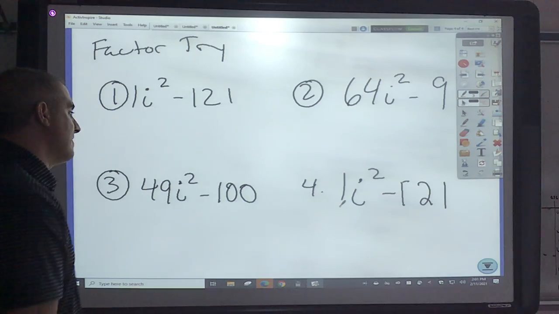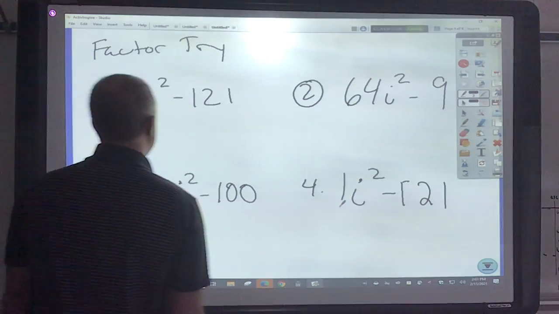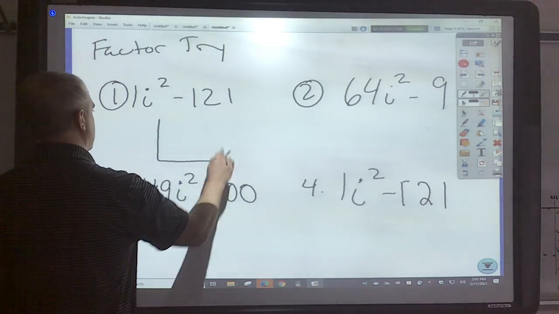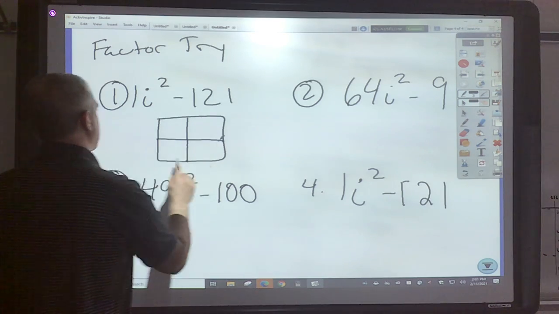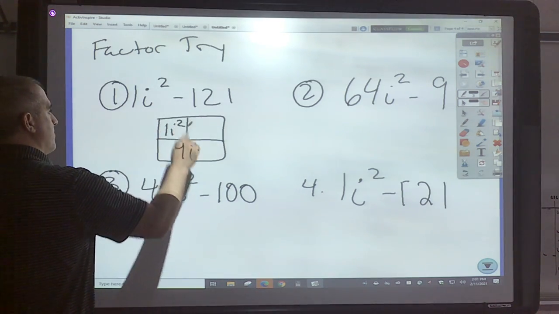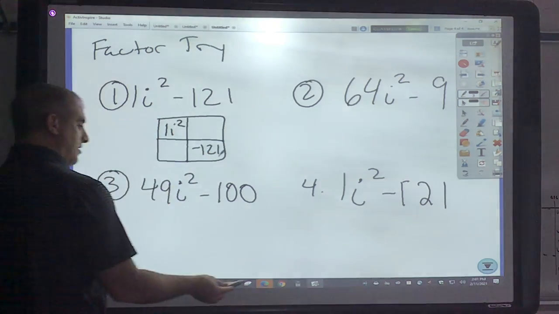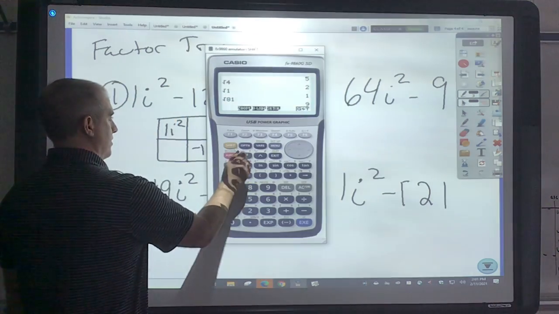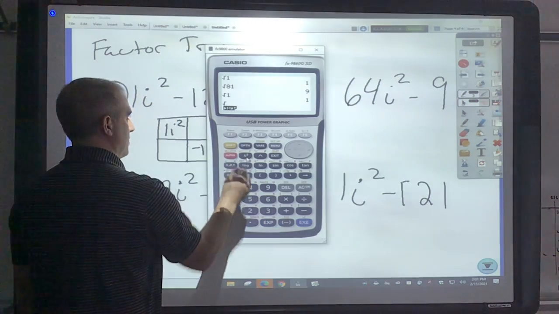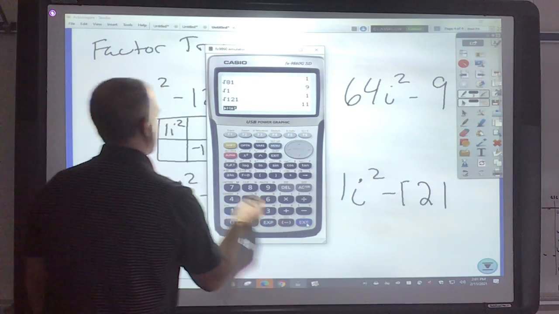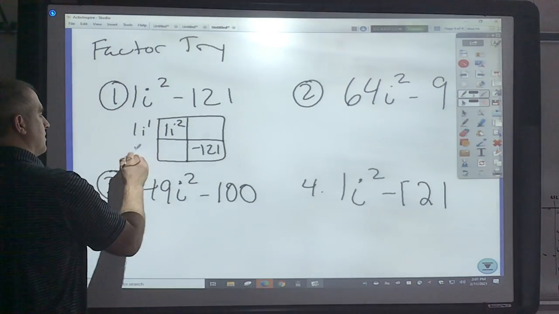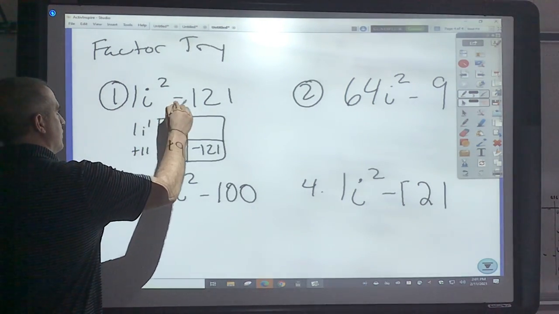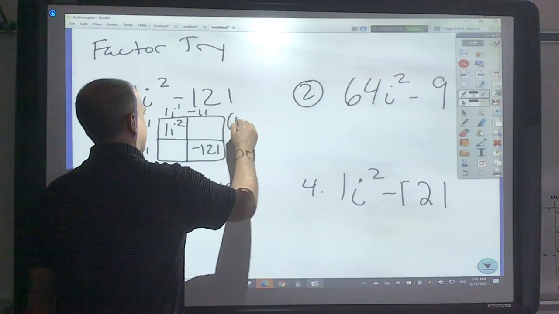So always check that. 1I squared minus 121. So I'm going to take the square root of 1. Let's take the square root of 121. 1I to the first plus 11, 1I to the first minus 11. And those end up being the factors.